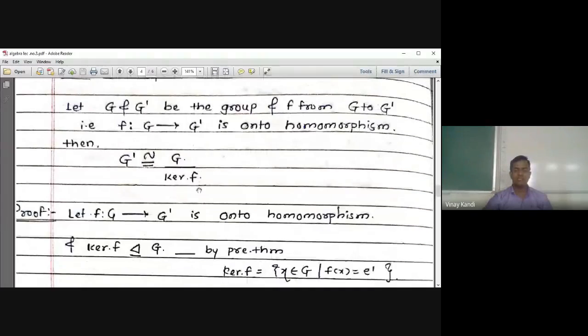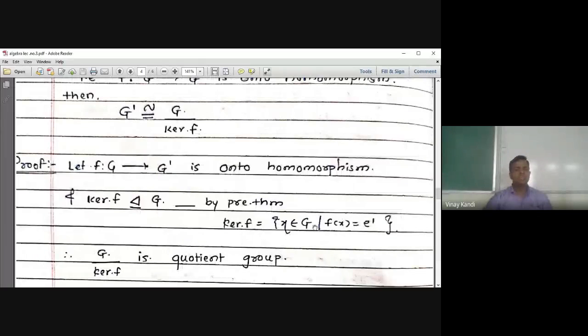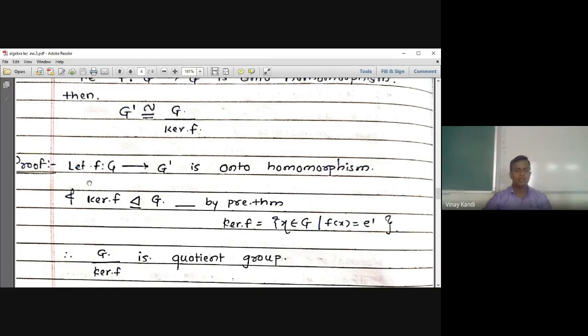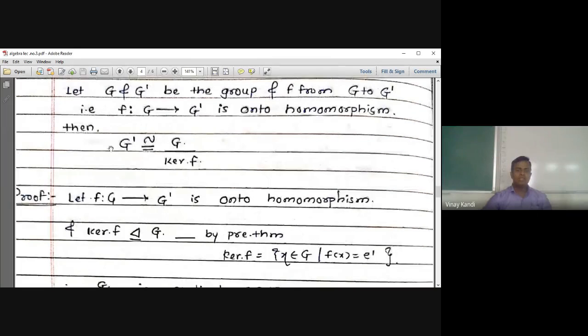Kernel of F is nothing but take the elements from G such that f of x is equal to E dash. Hence, kernel of F is the subgroup of G. Okay, understood? Yes, sir. Okay, so given F, we have to prove this theorem, isomorphism. For isomorphism, we have to prove first one-one, onto, and what?